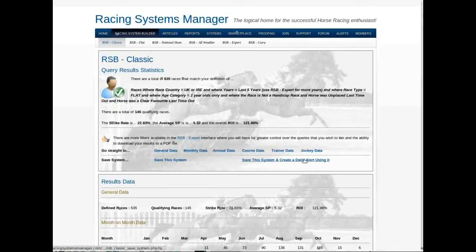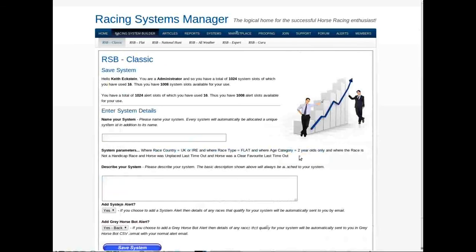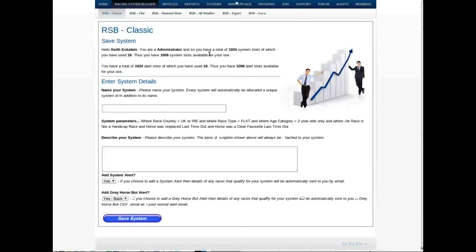So now I'm going to save this system and create a daily alert using it. I still have plenty of systems left. Obviously, if you're a bronze member, which is totally free of charge, you only get 8 system slots, 8 alert slots. But if you are a gold member, you get 1024 of each, which should be more than enough for anyone.